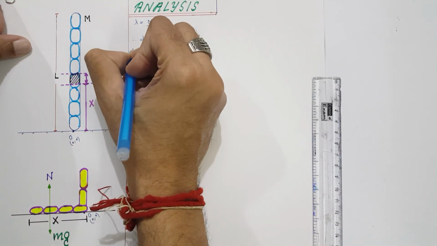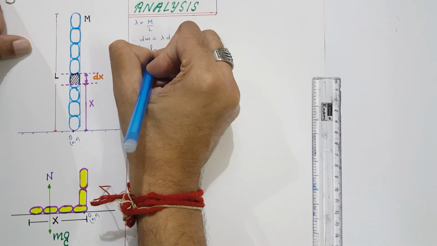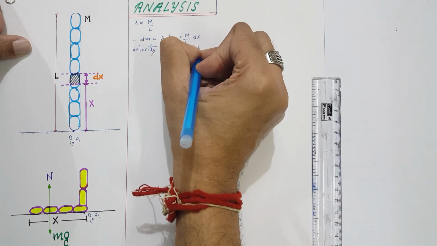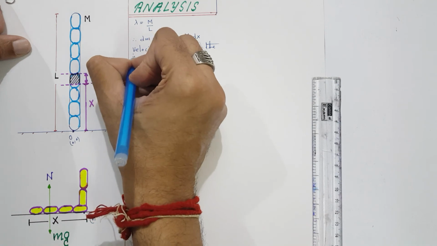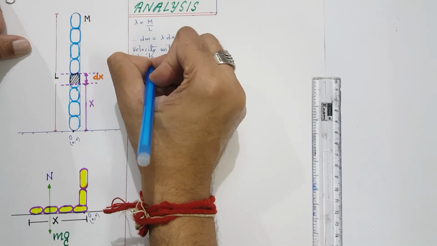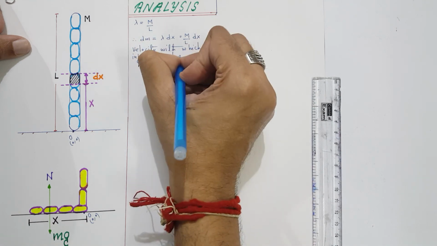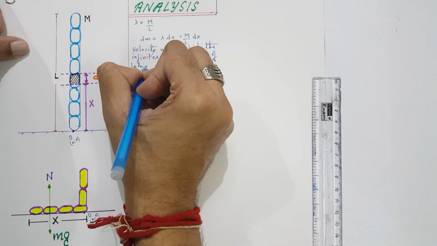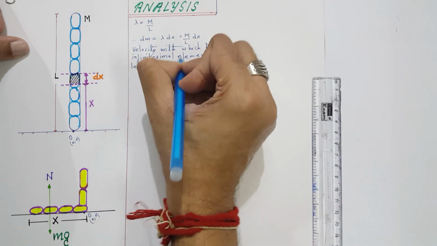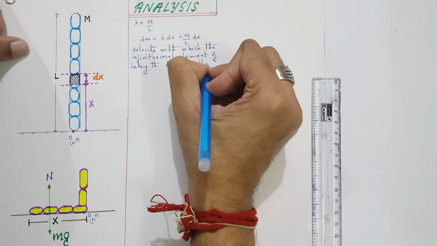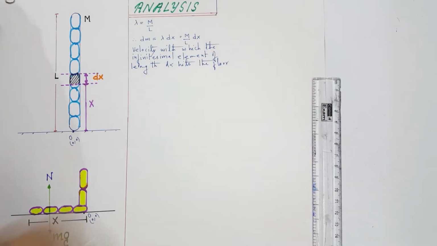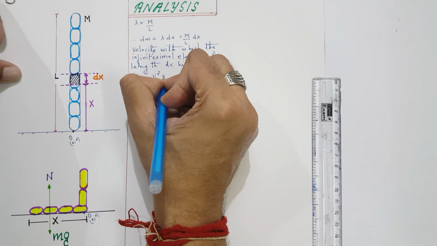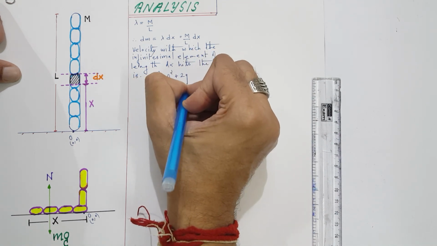The velocity with which the infinitesimal element of length dx hits the floor is given by v squared equals 0 squared, initial velocity 0, plus 2gx.